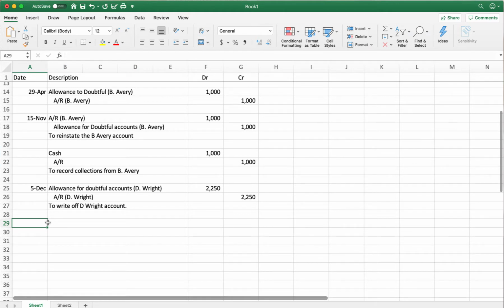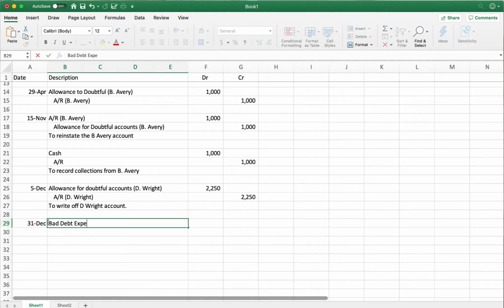It is. So we're getting our expenses ready for this year, right? What is our bad debt expense? So we're going to debit bad debt expense, because we're establishing it here. We're crediting allowance for doubtful accounts.